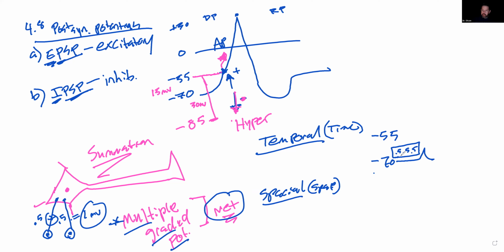And the sum of these three is going to be 1.5 millivolts, right? So 3 times 0.5 is 1.5. And the sum of the effect of these three is going to be 1.5 away from negative 70. So the peak of this graded potential is going to be negative 68.5. Okay, negative 68.5. I just messed that up. Let's draw it down here. Negative 68.5.